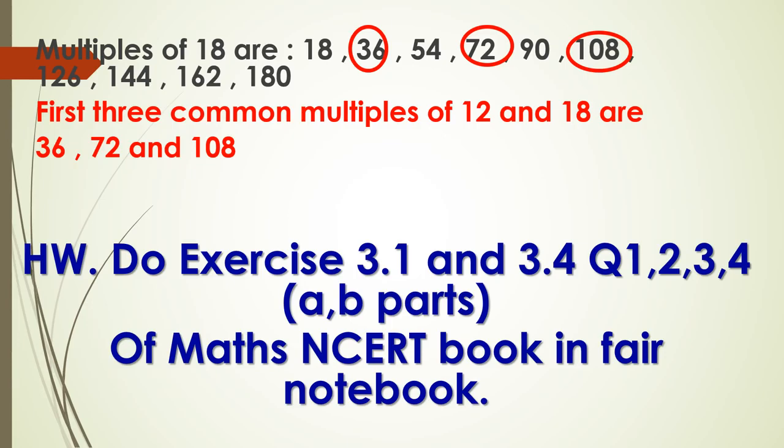The only factor of 1 is 1 itself. Every number is a factor of itself. Every number other than 1 has at least 2 factors, 1 and the number itself. Factors are finite in number, but multiples are infinite in number. Every factor of a number is less than or equal to that number, but every multiple is either greater than or equal to that number.